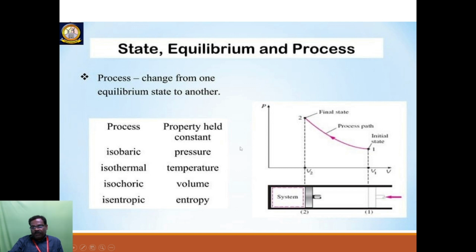Volume V1, pressure P1 and temperature T1. If you consider this particular state 2, volume is V2, pressure is P2 and temperature is T2. So change of property from one equilibrium condition to another is called as process. Okay. So you have different types of process in thermodynamics.